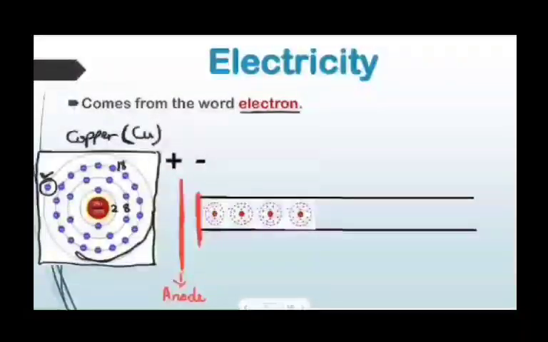The shorter one is the negatively charged electrode, which is known as the cathode. Together, these 2 electrodes form a battery.